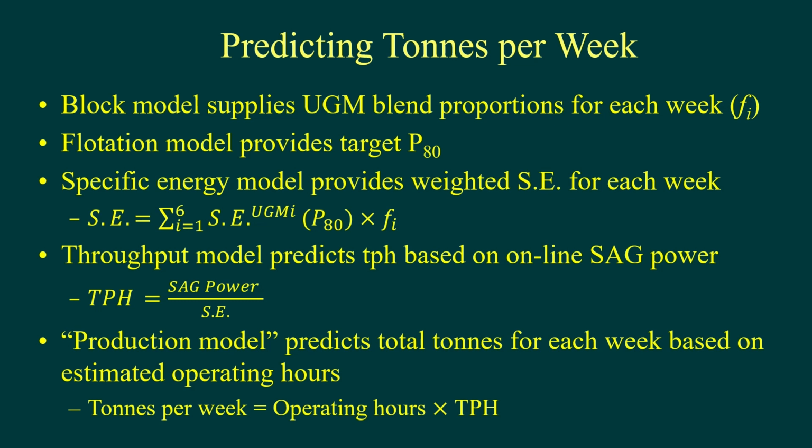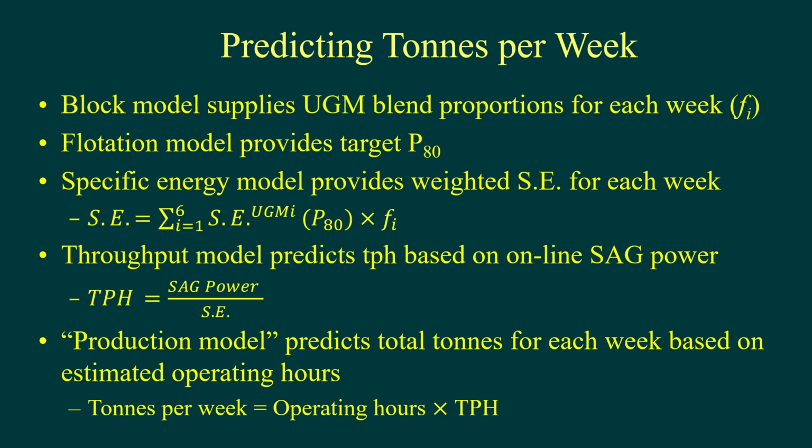The specific energy model that they developed, and I showed you those previous curves that it was based on, gives us then the specific energy based on the weighted proportions of UGMs and the P80 that their flotation model gave you. So once that had been executed, we take the specific energy through to the throughput equation, where we have the SAG power divided by the SAG specific energy gives us the tons per hour.